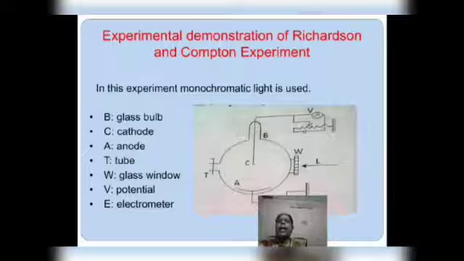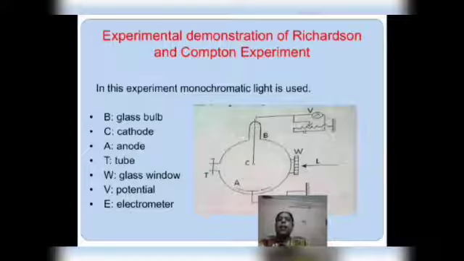We can measure the photoelectric current through that electrometer. In the experiment, we have a spherical glass bulb which is evacuated through tube T. In this glass bulb, at the center, a metal strip is present. This is known as the cathode, exactly at the center of the glass bulb.